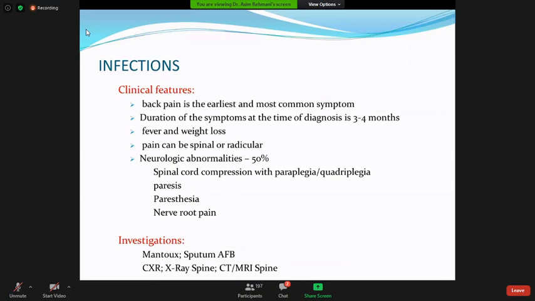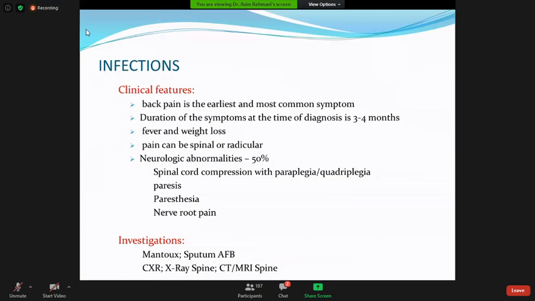Usually, the pain is spinal, but sometimes it can be radicular, that is, it spreads in the dermatomal distribution of the nerve roots. If the patient is not diagnosed early, he or she may have neurological abnormalities as well.